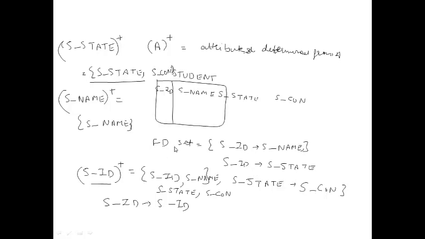We will take another example. Suppose I have a relation R with attributes A, B, C, D and the FD set is given as A giving BC, C giving D, D giving A and A giving D, suppose.